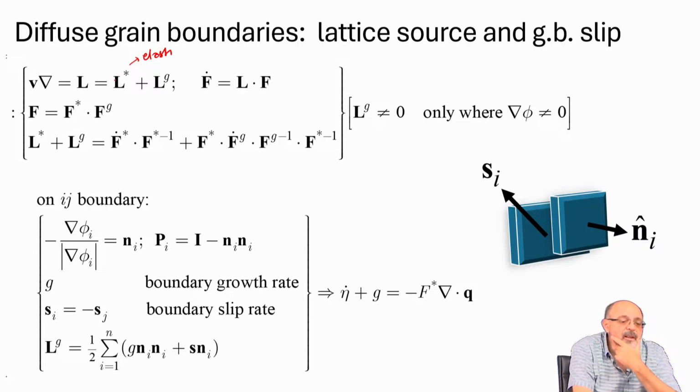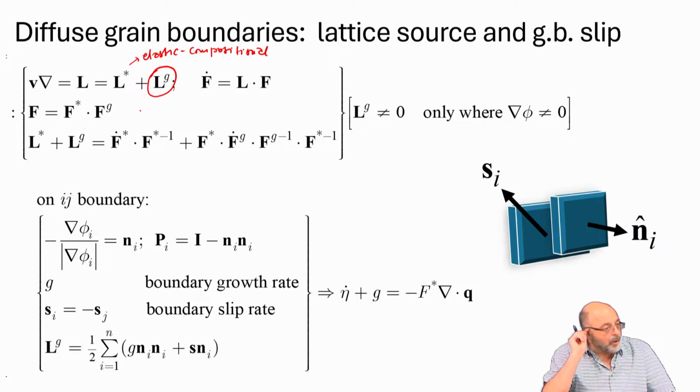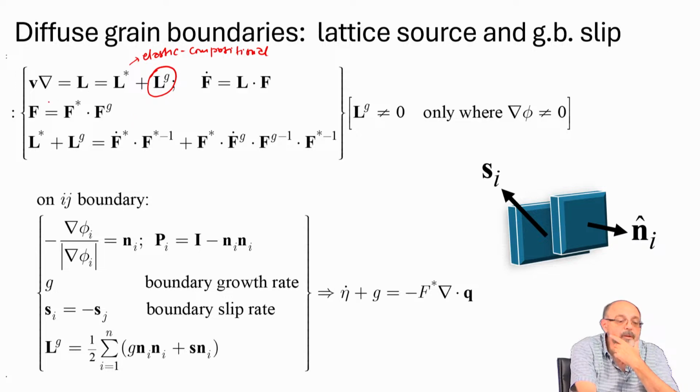So this L star is elastic compositional, meaning that it will include compositional eigenstrains. And this is the grain boundary part, which will exist only when my gradient of phase field is non-zero. And you'll see how in a moment.